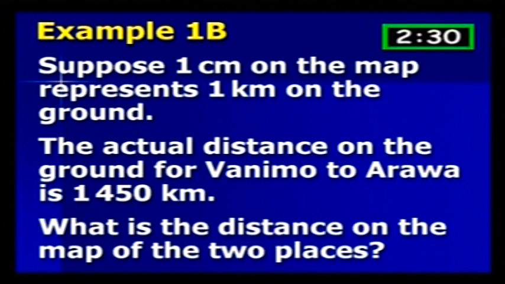Okay, again, suppose 1 centimeter on the map represents 100 kilometers on the ground. This time, I'm giving the actual distance on the ground of Vanimo to Arawa, which is 1,450 kilometers. What will be the distance on the map?